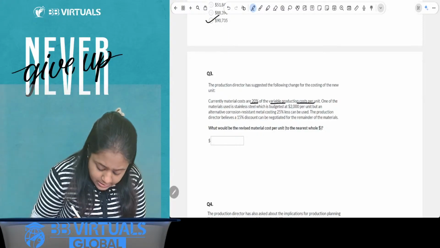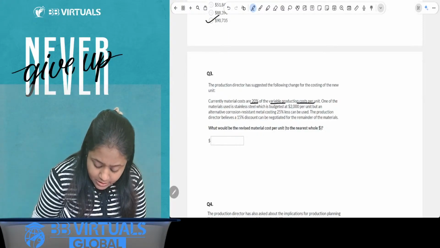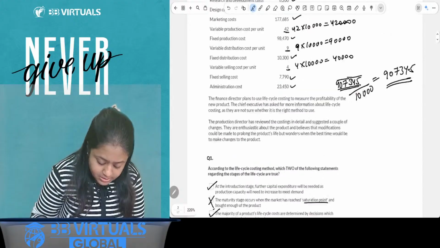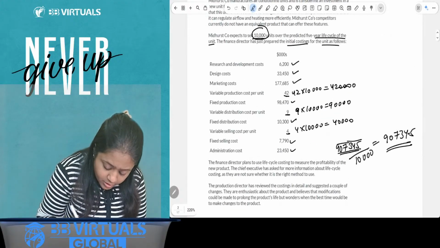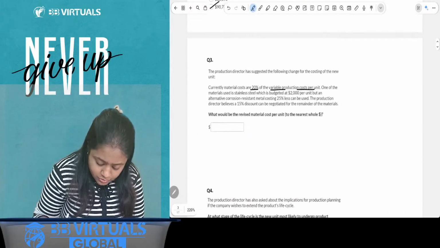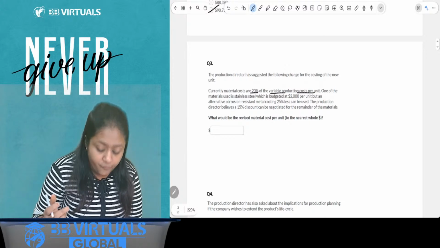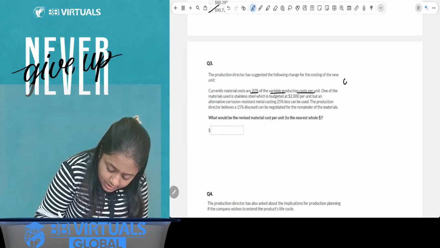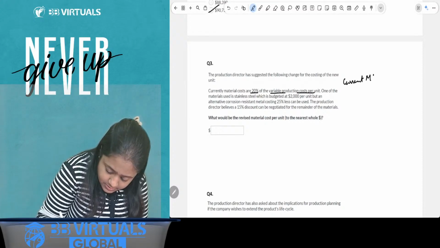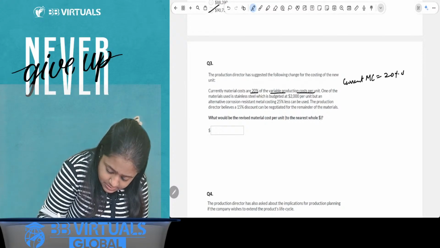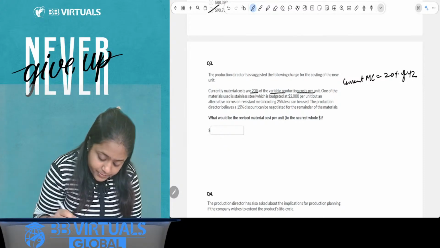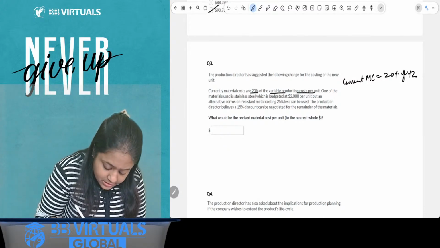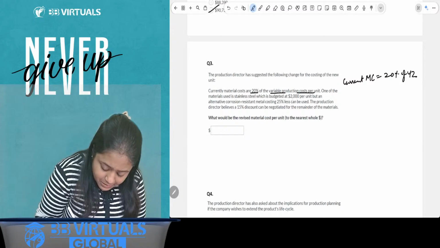Now, currently the material cost is 20% of the variable production cost per unit. What is the variable production cost? For 420,000, that is 42, right? 42 per unit, if I say. So the current material cost is 20% of 42.